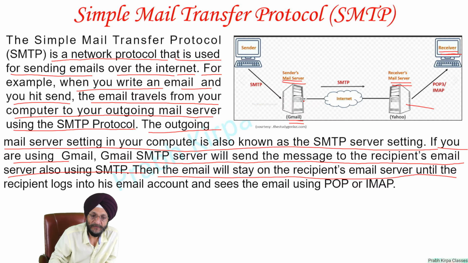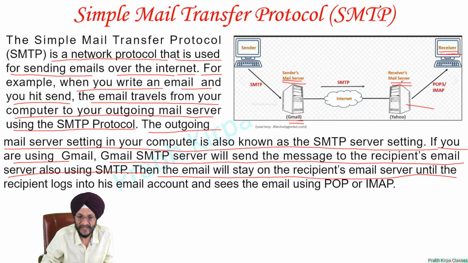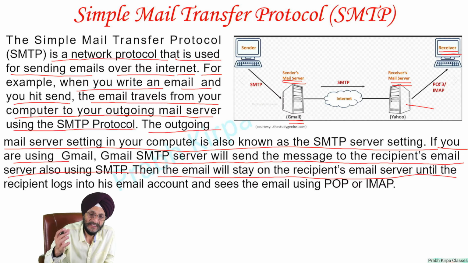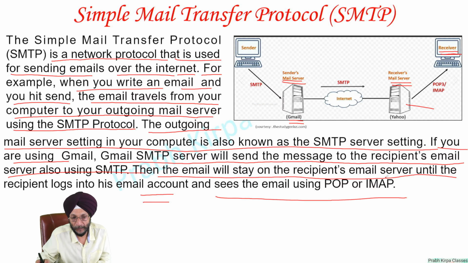Then from that it will go to the other person's mail server, and the said mail will reside at the server up till that time when the receiver opens his email account and sees the email using POP3 or IMAP.